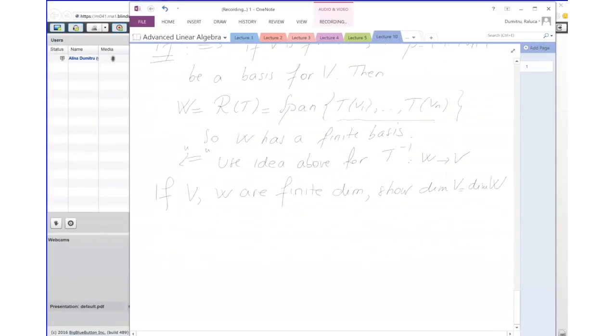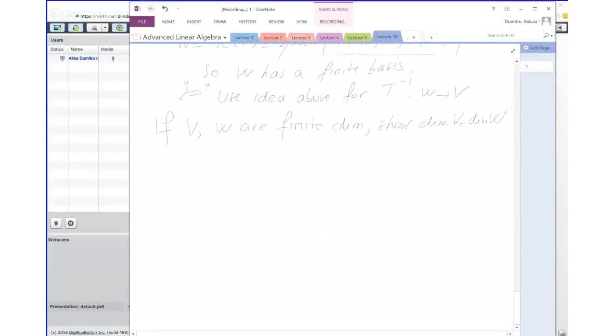Let's show this in general. Okay, so all we know is that they are finite dimensional and that we have a linear invertible transformation between them. I will just make use of the dimension theorem. What does that say? Dimension of V equals the rank plus the nullity.